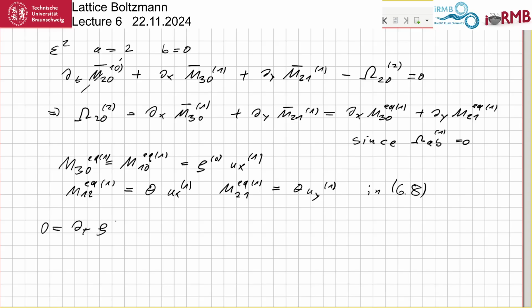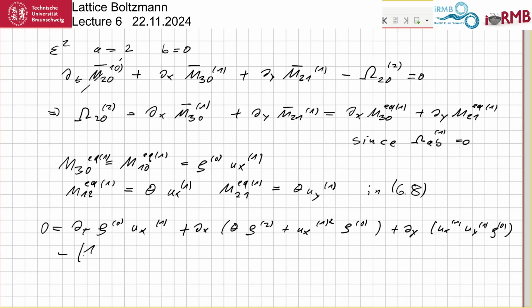dt rho 0 ux first order, plus dx theta rho second order plus ux first order squared rho 0, plus dy ux first order uy first order rho 0, minus 1 over omega minus 1/2.